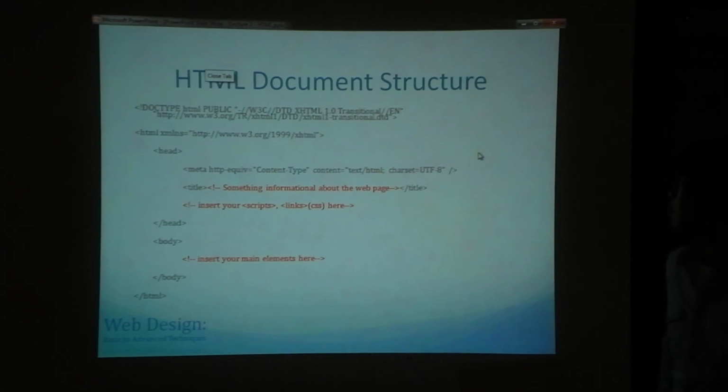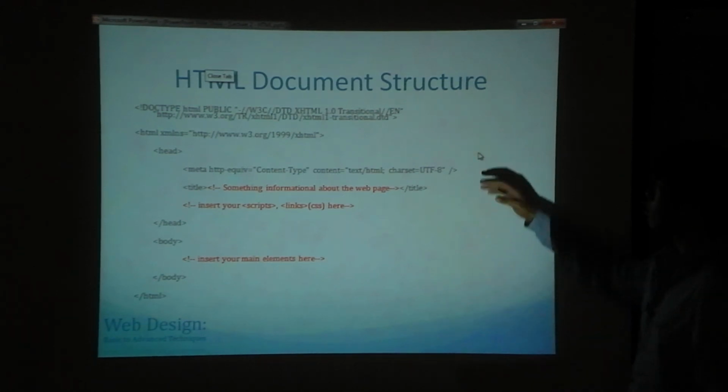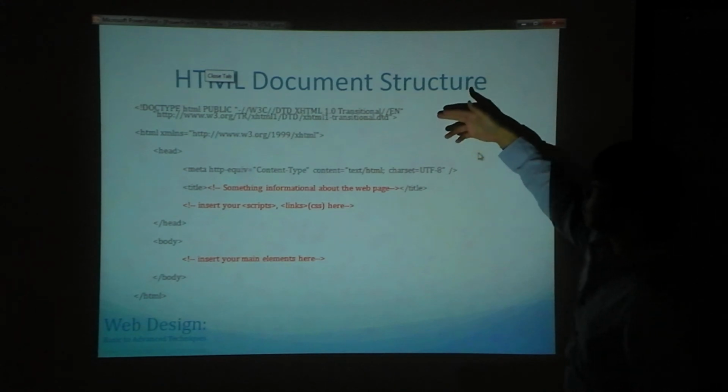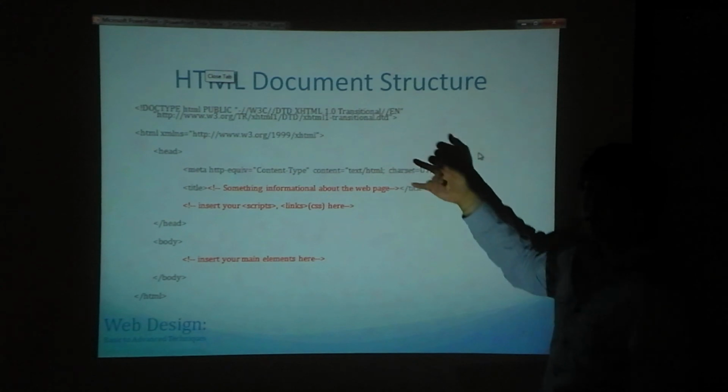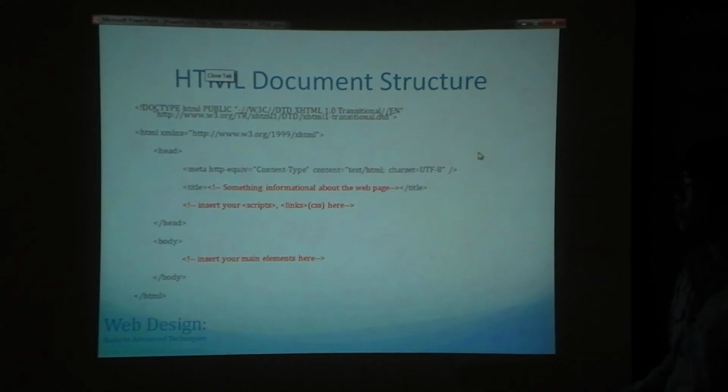So, HTML document structure. What you see here is the very essentials of an HTML document without any content. I'm going to be breaking this down in a little bit, but we have something called a doctype up here, and you have an HTML tag, which specifies that this document is an HTML document.